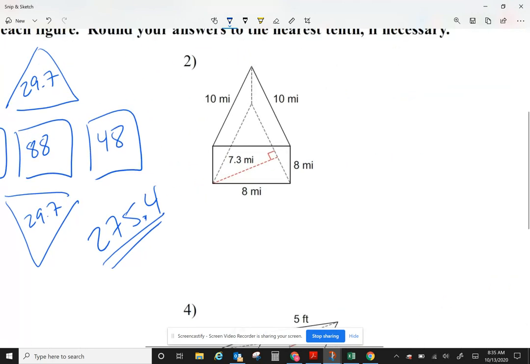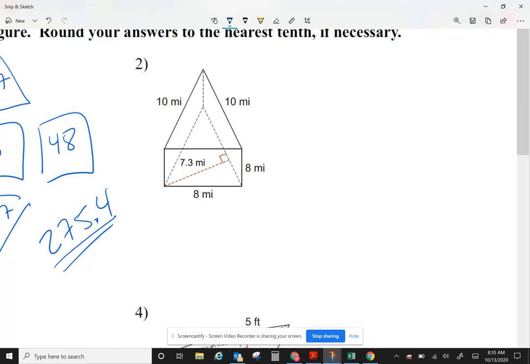Now let's take a look at question number 2. The bases in this case are also triangles. So once again, I'm going to have 2 bases, like the ceiling and the floor. So I'm going to put my 2 triangles. For my two triangles, I'm looking for my 90-degree angle, that little box, and I'm going to multiply the two numbers that meet at that corner. One of my numbers is 7.3.